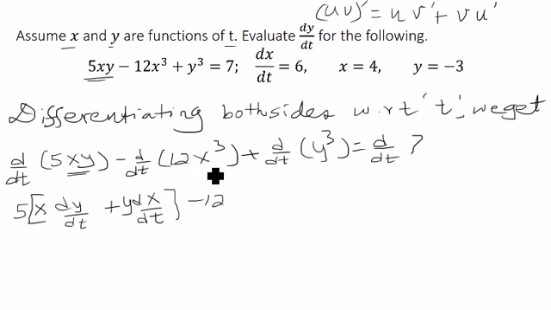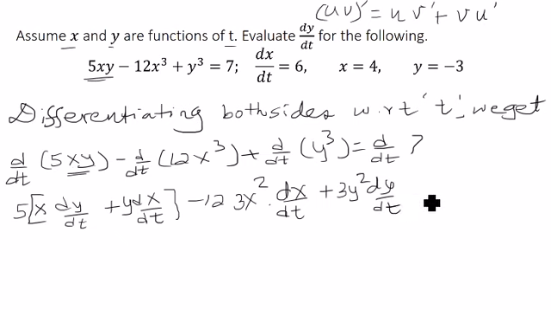So I'm going to do the derivative of x cubed, which is 3x squared, that's the outer, times the derivative of the inner, which is x, and the derivative of x with respect to t is dx/dt, plus the same idea with y cubed, so that's going to be 3y squared times dy/dt, equals the derivative of 7, which is a pure constant, so it's going to be 0.